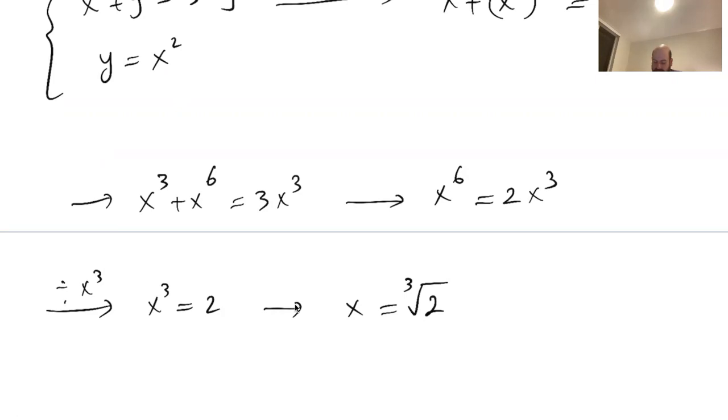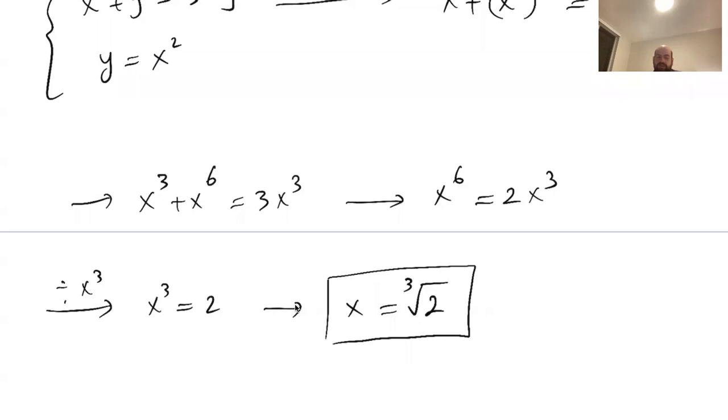So x is equal to cube root 2, right? By the way, when I divided by x cubed, we can only divide by a number if we know that the number is non-zero.